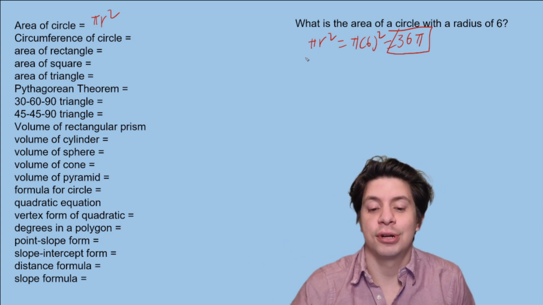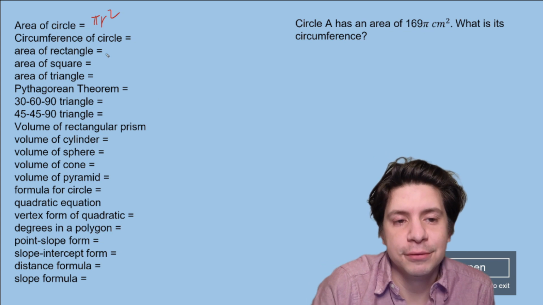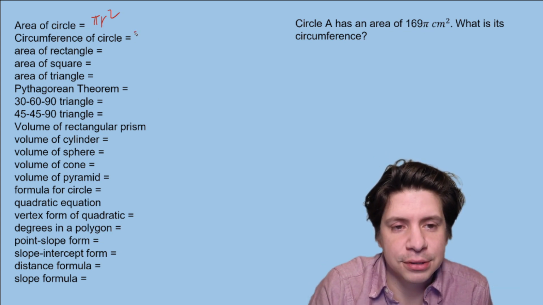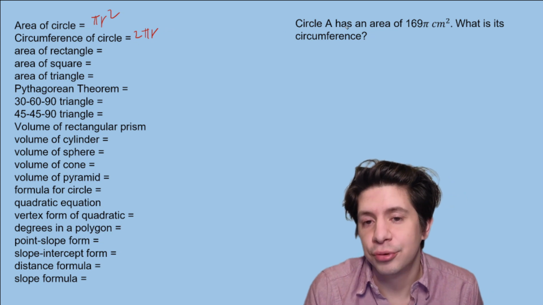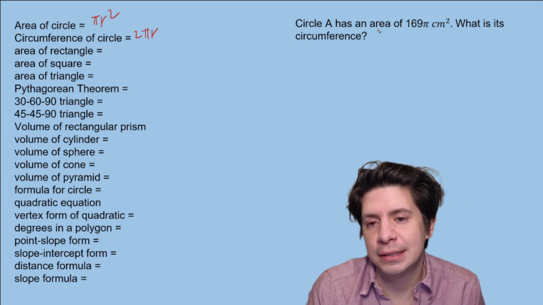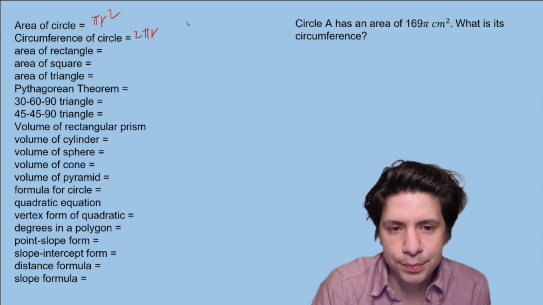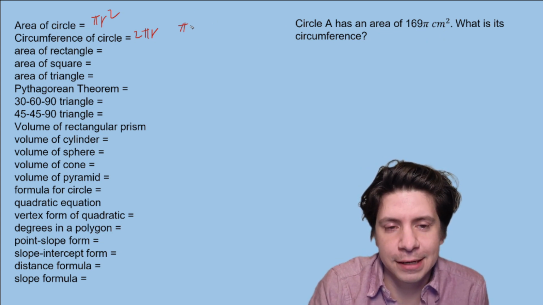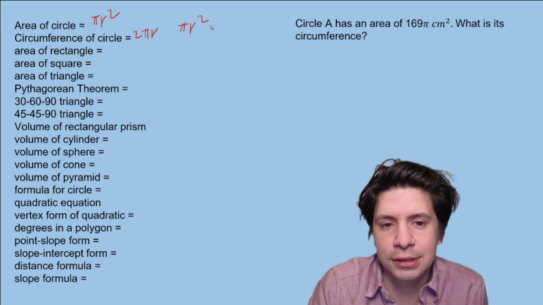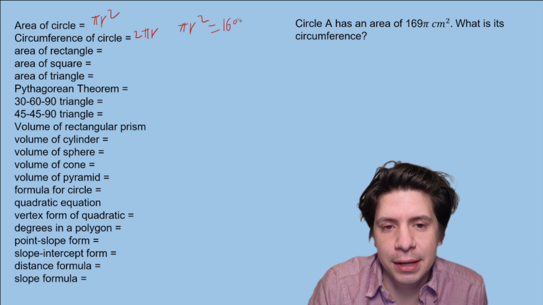Let's go on to circumference of a circle. So circumference of a circle is very similar to pi r squared, but it's 2 pi r. So you're doubling the radius and multiplying by pi. So here we have area of a circle. Circle A has an area of 169 pi centimeters squared. What is its circumference? So we can use the first one, right? They often use multiple equations in the same question. Pi r squared equals 169 pi.